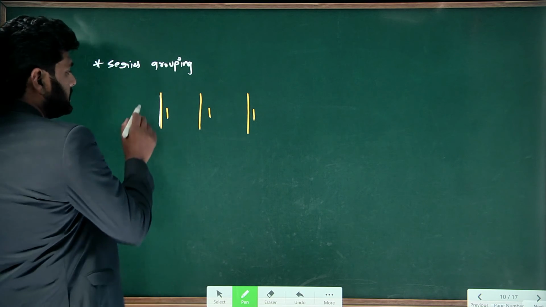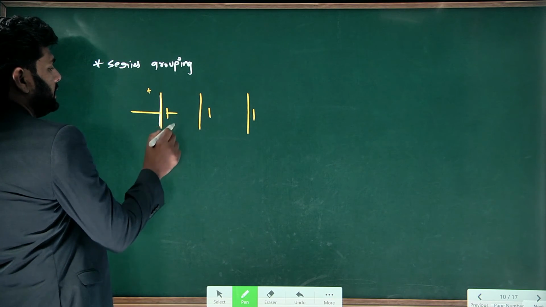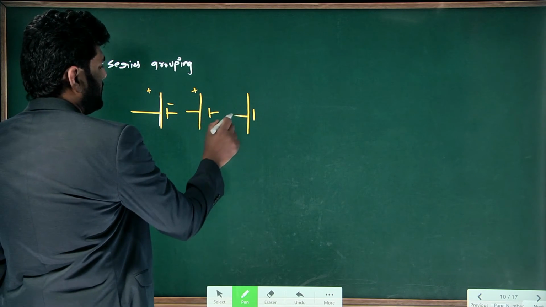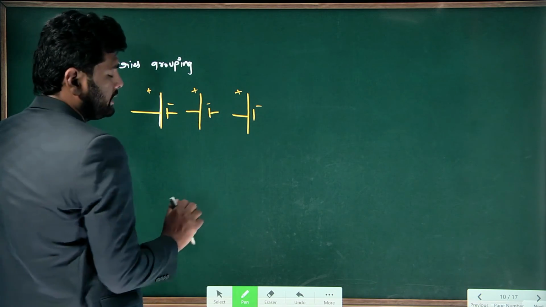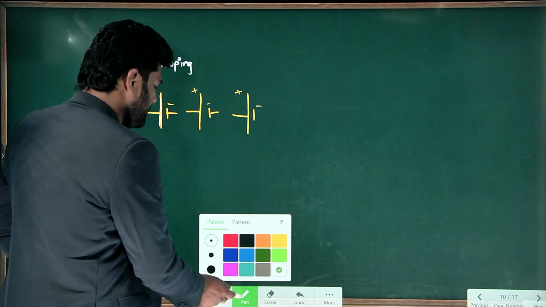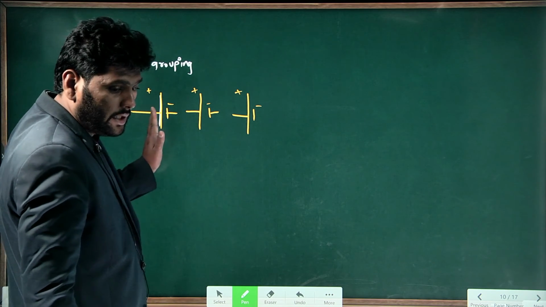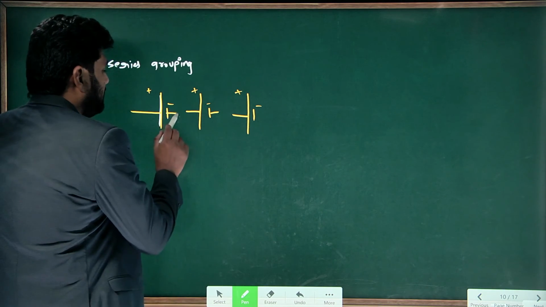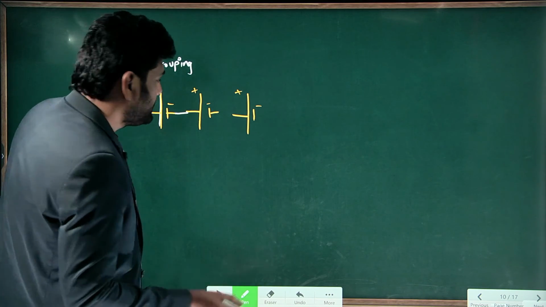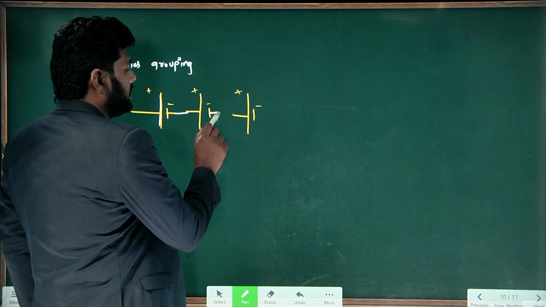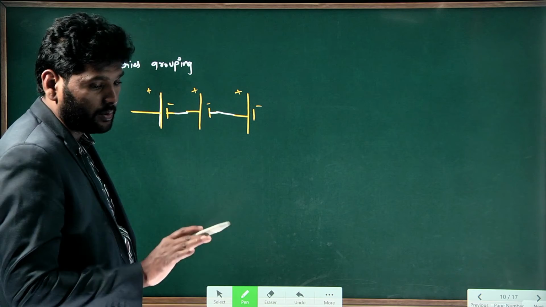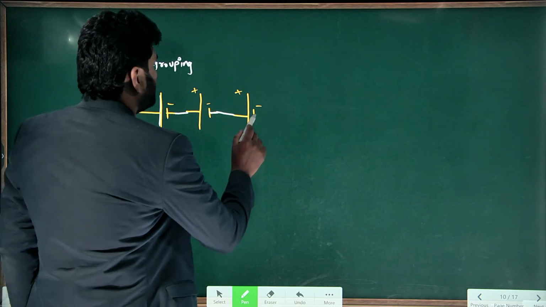This is the positive terminal and this is the negative terminal of the first cell, then positive, negative, positive, negative. When connecting in series, the first cell's negative terminal is connected to the second cell's positive terminal, and the second cell's negative terminal is connected to the third cell's positive terminal. This is how the connection takes place.